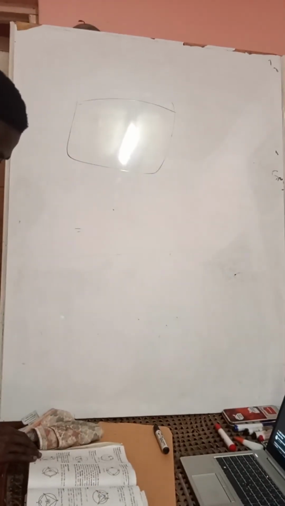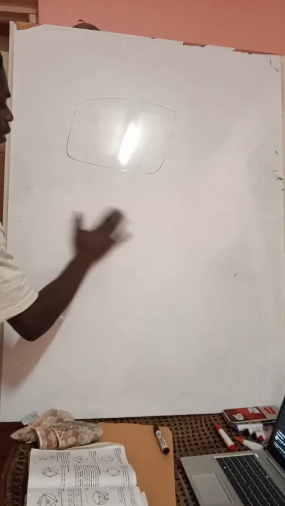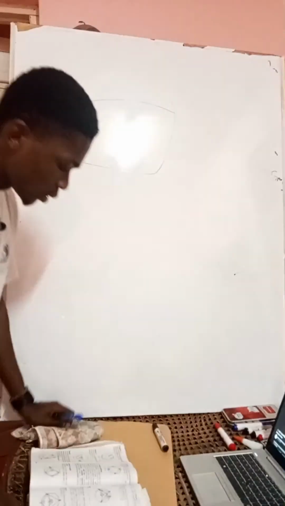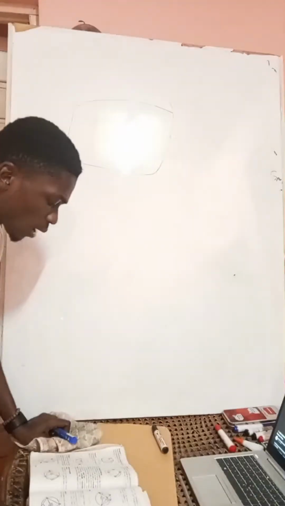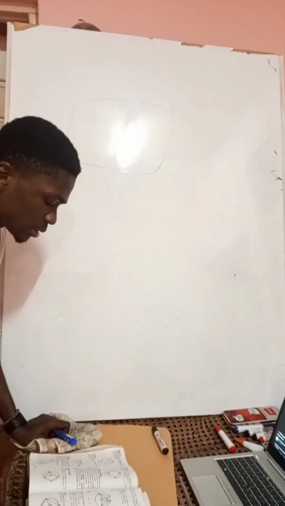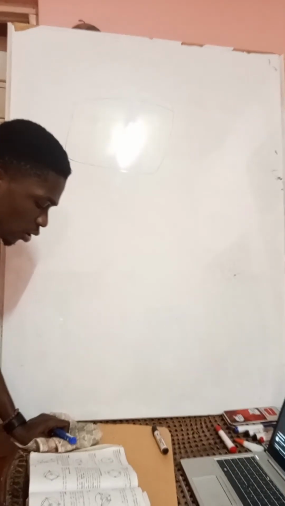Another property that we have to also talk about is this one. It's similar to what I talked about. I think I can read it here. Equal chords or arcs subtend the same angles at the center of the circle. Let me explain it here.